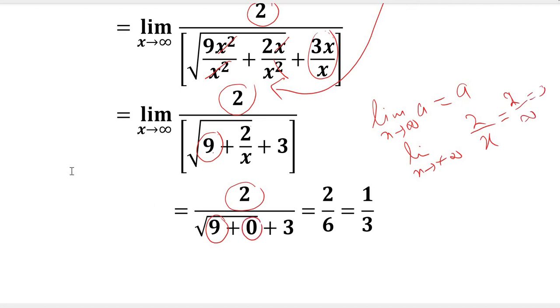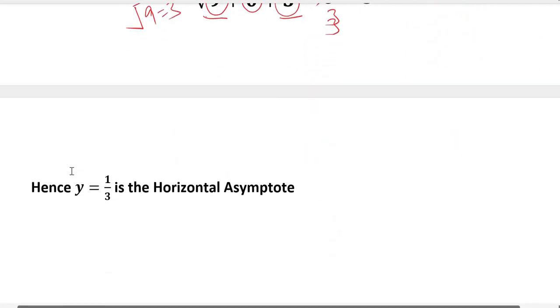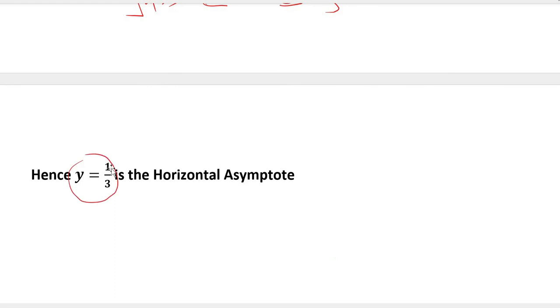So you have 0, and again 3 is a constant, so we write down 3 as it is. Now the square root of 9 is 3, so we have 2 divided by 3 plus 3, which gives us 6, and that simplifies to 1 over 3. So y equals 1 over 3 is our horizontal asymptote. Thank you.